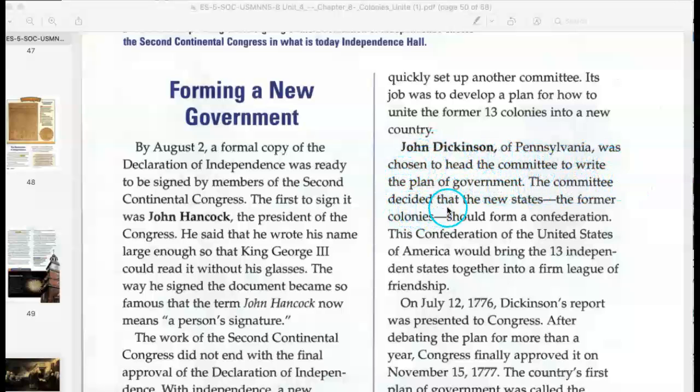The committee decided that the new states, the former colonies, should form a confederation. Remember, we had the Iroquois Confederation? This confederation of the United States of America would bring the 13 independent states together into a firm league of friendship.